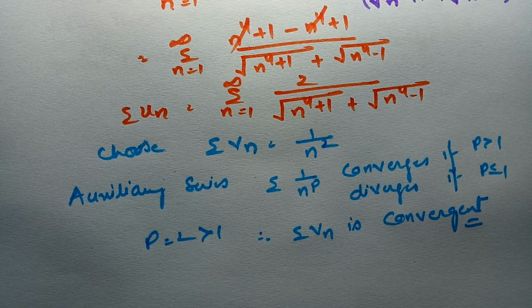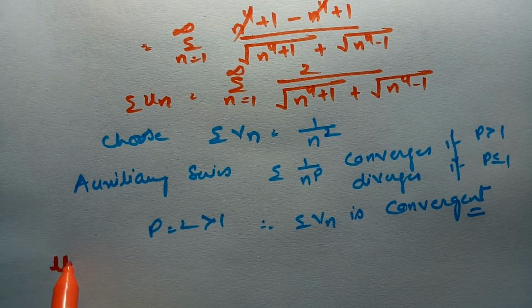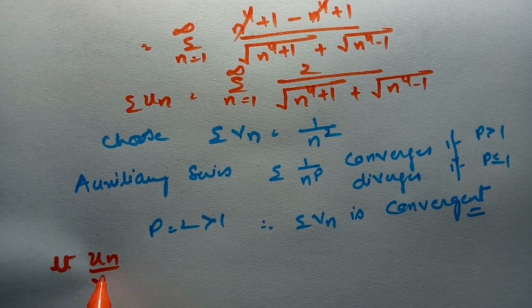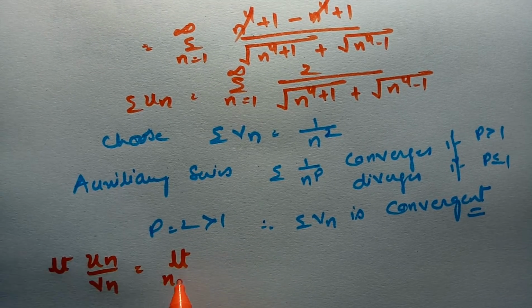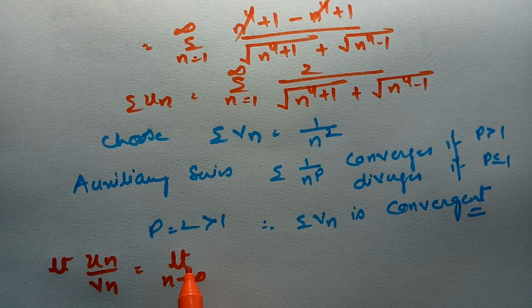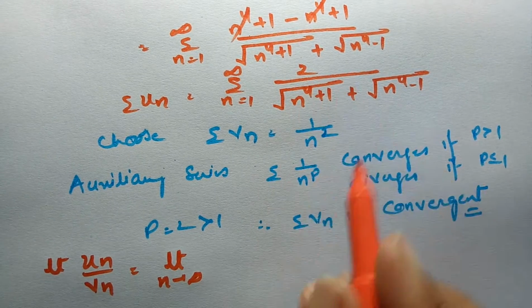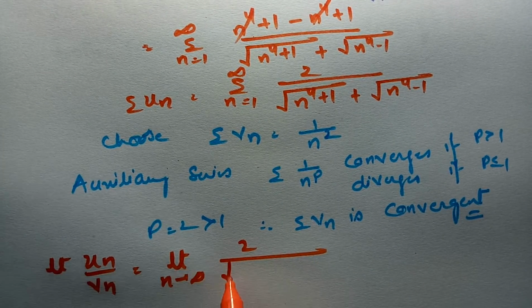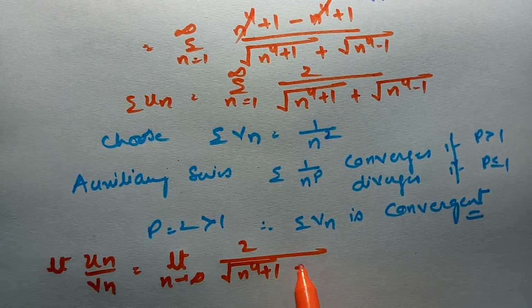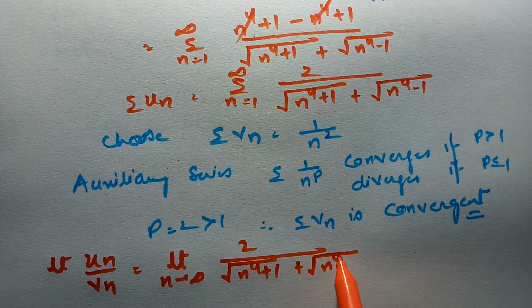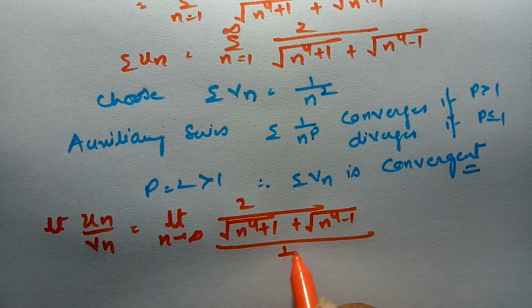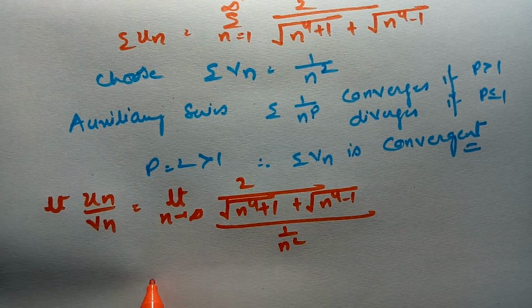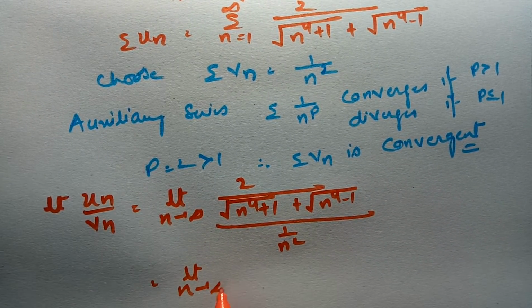Then we have to go with the comparison test. For that we have to calculate limit n tends to infinity, un by vn. What is un? un is nothing but 2 by root over n power 4 plus 1 plus root over n power 4 minus 1, and vn is nothing but 1 by n square. So this will be limit n tends to infinity.